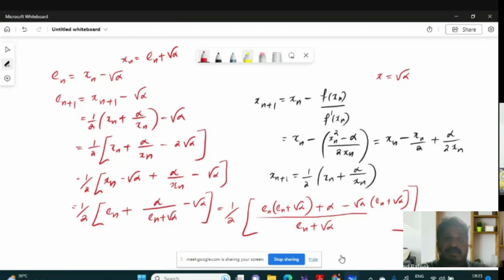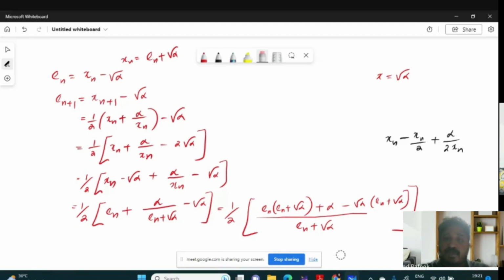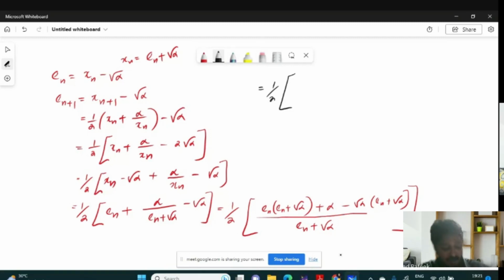Work it out. Then what will you get? That equals 1 by 2 En into En square plus En root alpha plus alpha minus En root alpha minus root alpha into root alpha, which is nothing but alpha, divided by En plus root alpha.